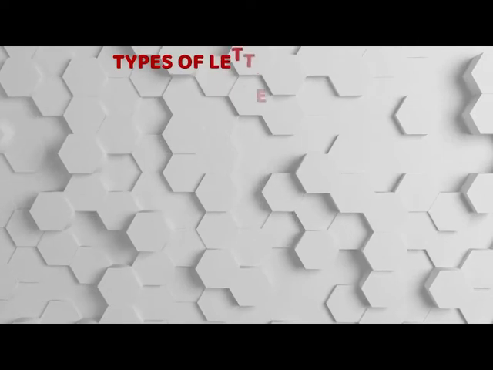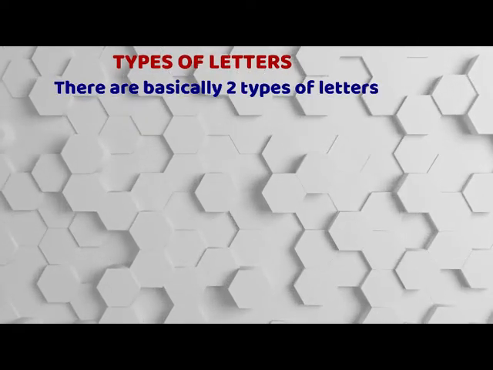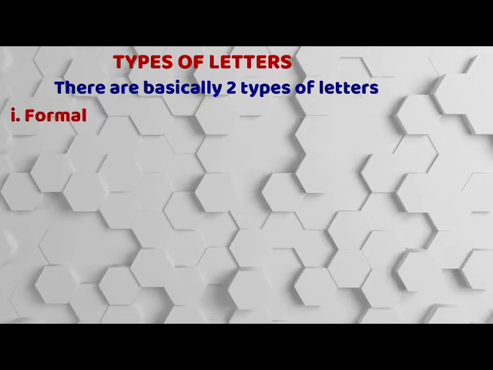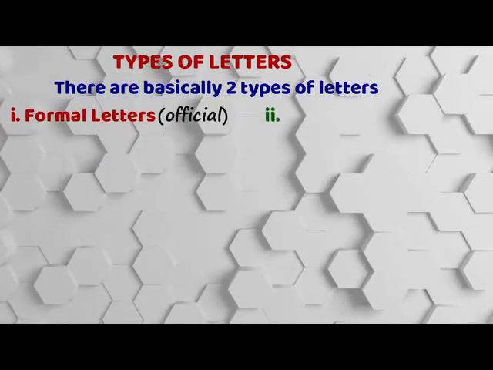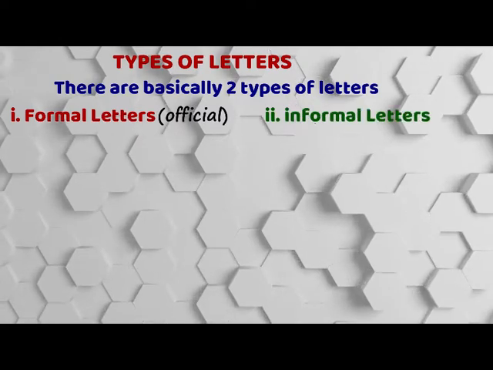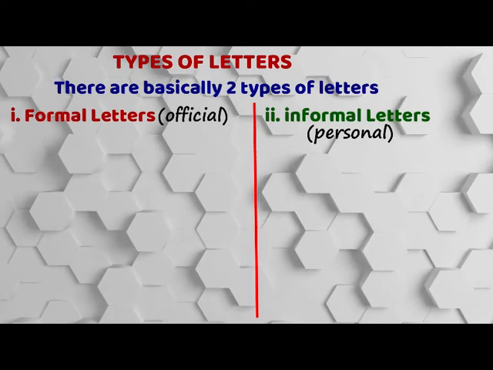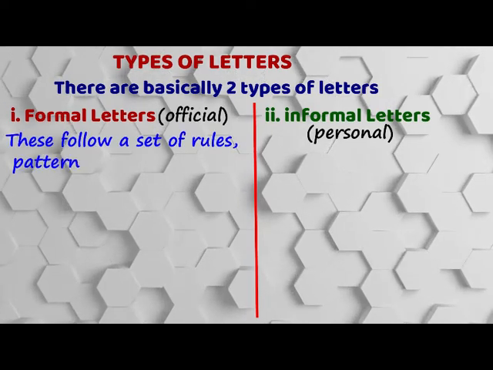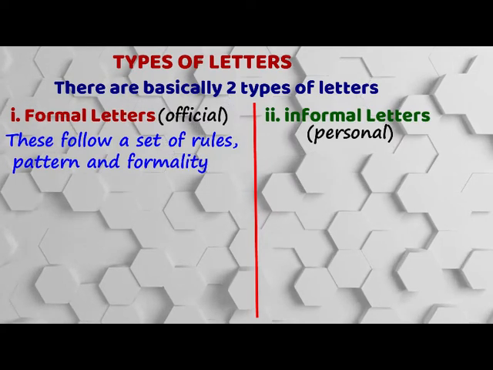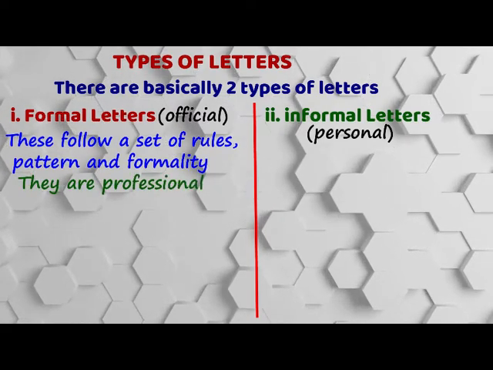Types of letters. There are basically two types of letters. One, formal letters or official letters. Two, informal letters or personal letters. Formal letters follow a set of rules, pattern, and formalities. They are strictly professional.